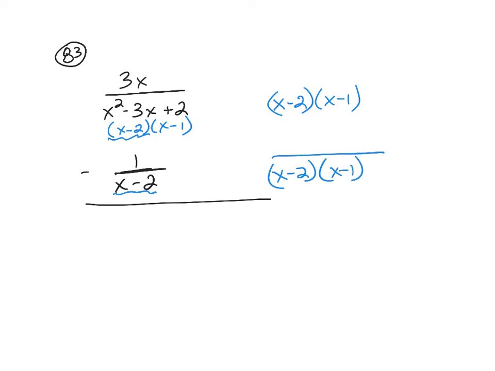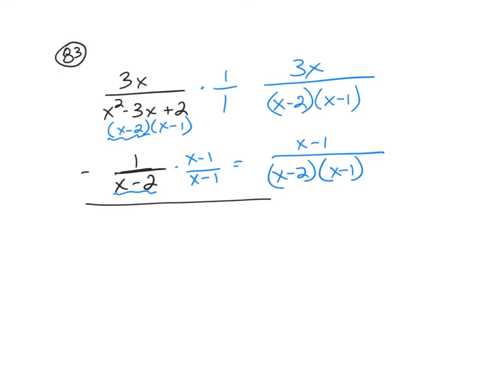Now as I go through, the top doesn't change at all, it's just times 1 over 1, so that stays 3x. The bottom, though, I need to multiply by x minus 1 over x minus 1, so that I have that same denominator. I'm going to have x plus 1 for the numerator of the bottom fraction.